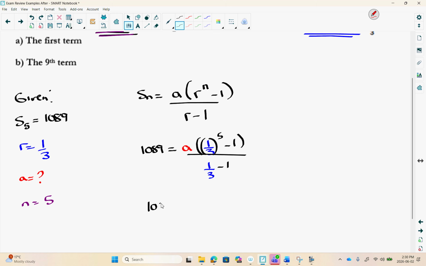I end up with 1089 equal to A multiplied by 1 to the 5th, which is 1, over 3 times 3 times 3 times 3 times 3, or 3 to the 5th, that's 243. And then I go 1/3 minus 1 on the bottom.